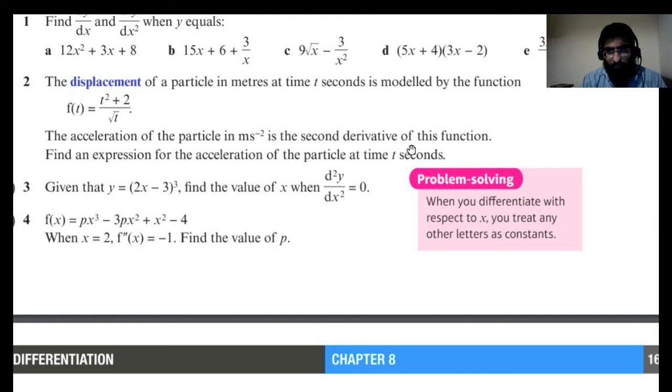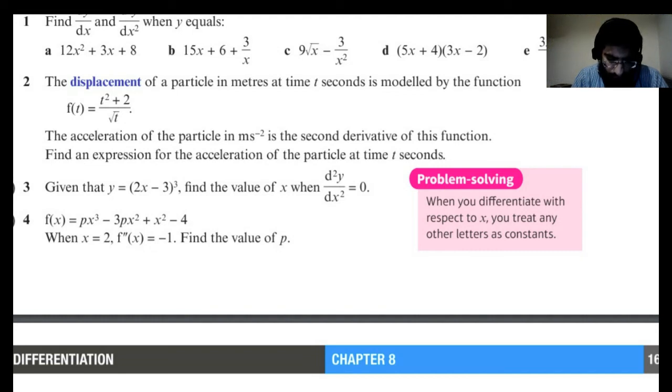Minus 3 into 3 is 9, 3 squared is 9, 9 into 3 is 27. 27 into 2 is 54, so 54x.